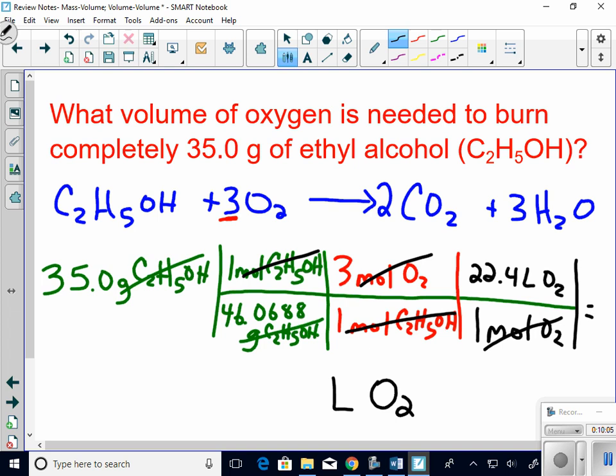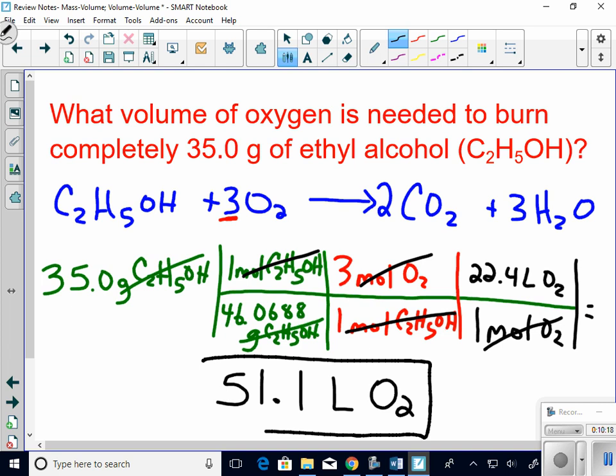And I come up with a value of 51.1 liters when I round it to 3 significant figures.